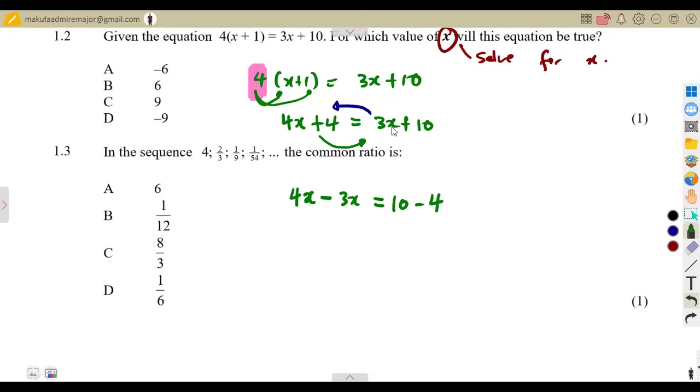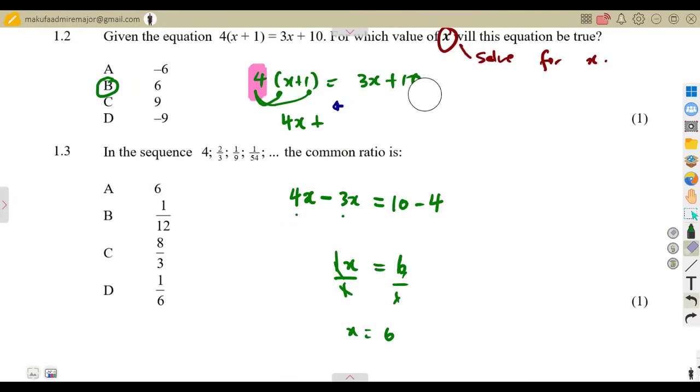It was a plus; it changes sign once it crosses the equal sign. So 4 minus 3 is 1x, and 1x is the same as x, guys. Then 10 minus 4 is 6. If I divide by 1, I'm going to have the value of x, which is 6. So the correct value was going to be 6.